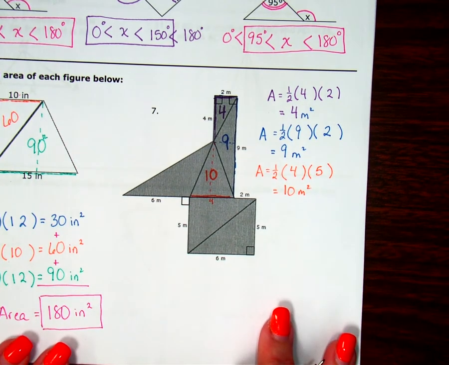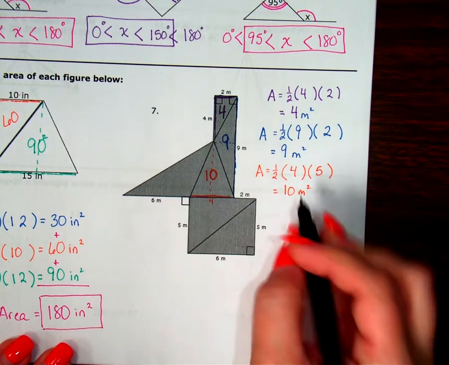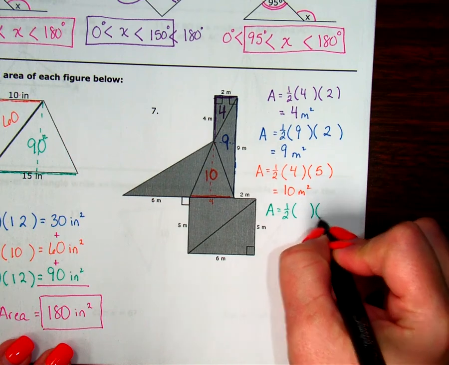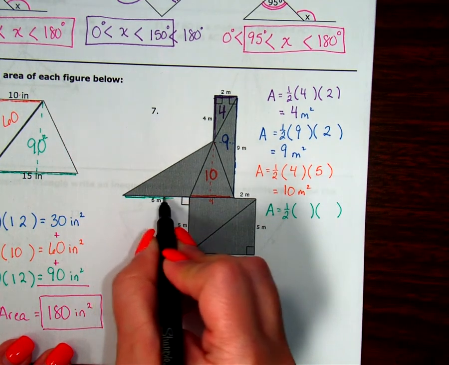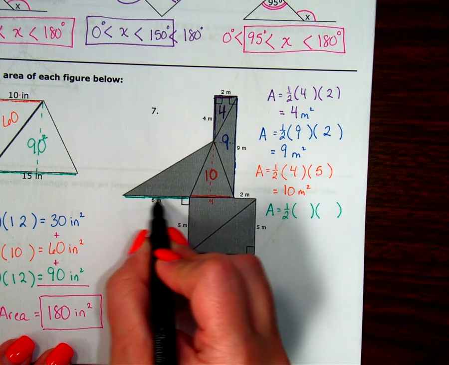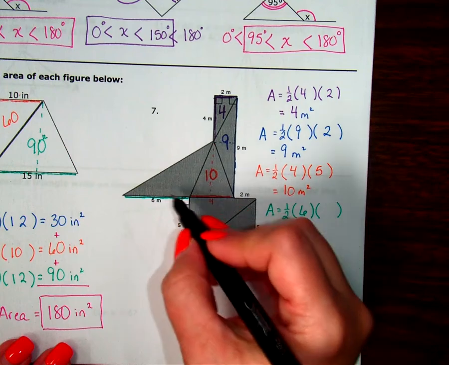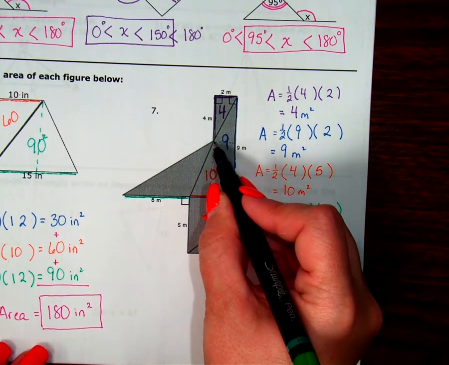For the next one, number 6, when I look at this one, my area equals 1/2 the base times the height. The base here is the only side that I can find of the actual edges, and that's 6. So then when I go across to the other corner, I have to be coming from this corner and coming straight down.